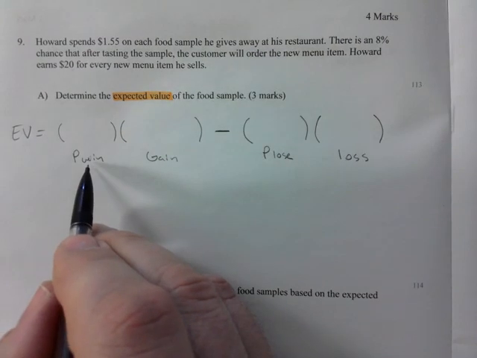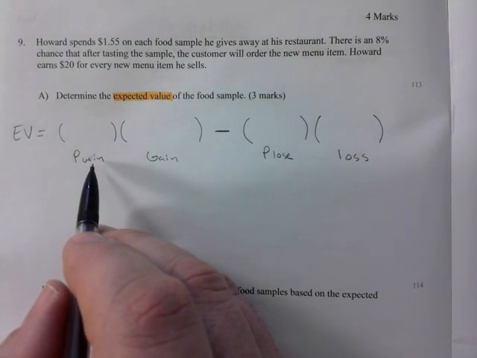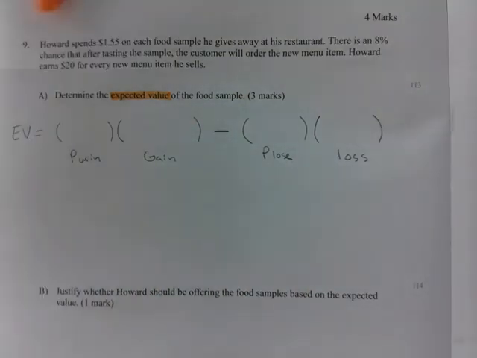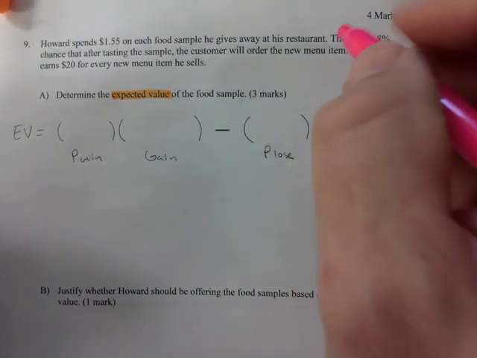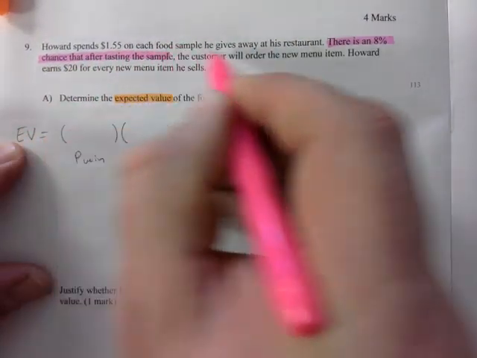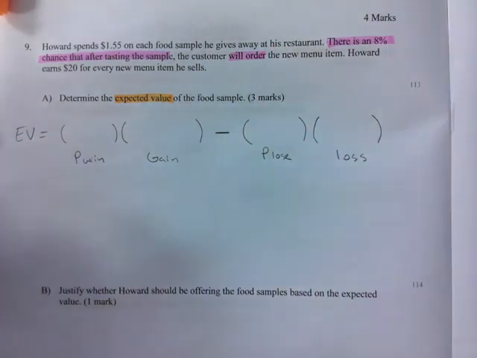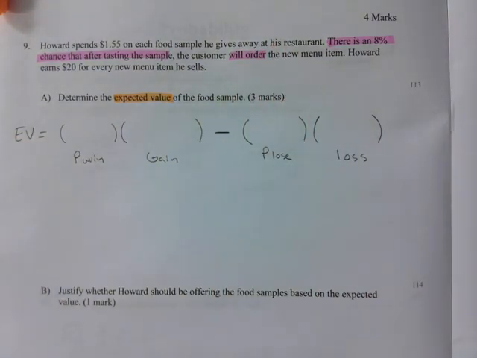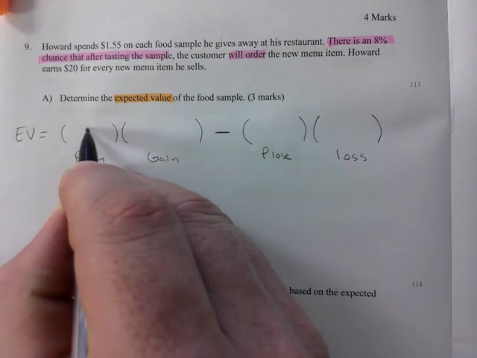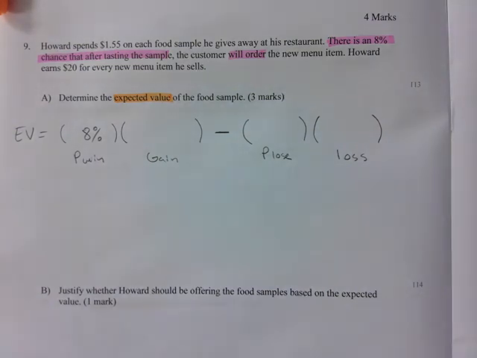What's my probability of winning? What does it say here? There is an 8% chance. We'll use a different highlighter. There is an 8% chance that after tasting, you will order the new. So basically, from the restaurant owner perspective, there's an 8% chance that you will win.